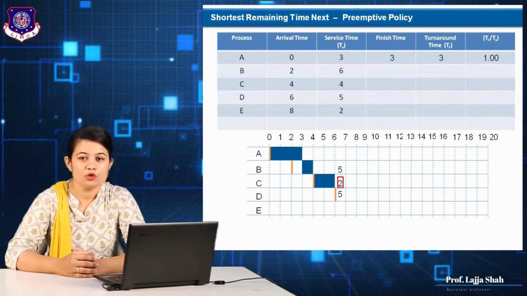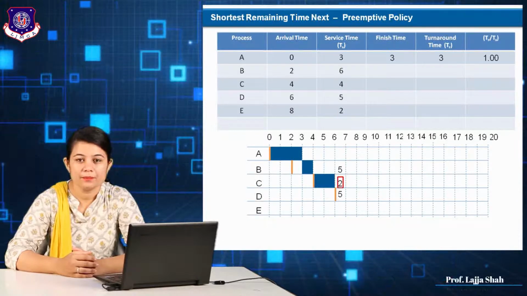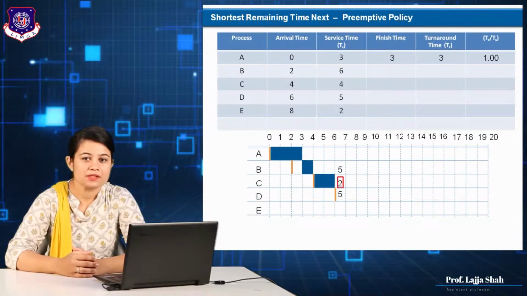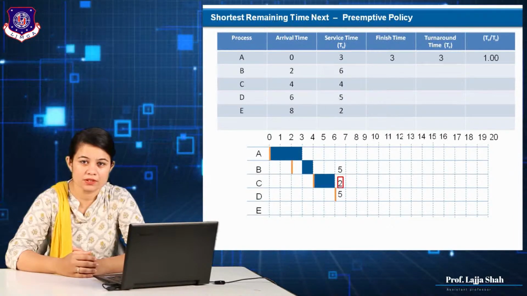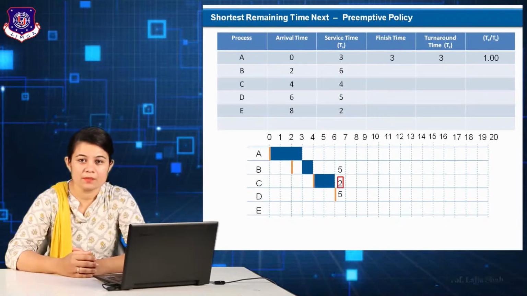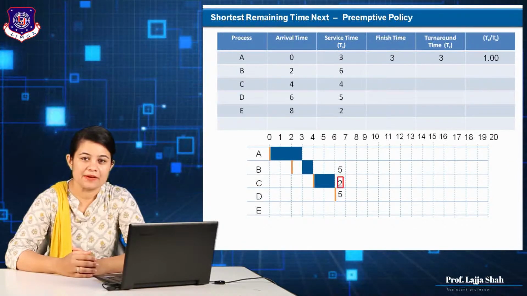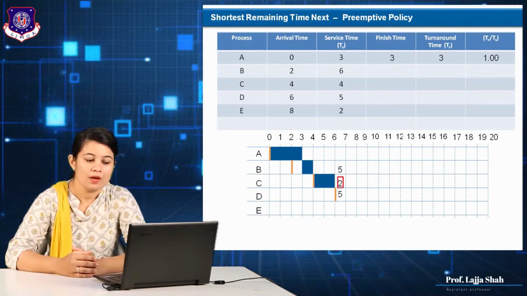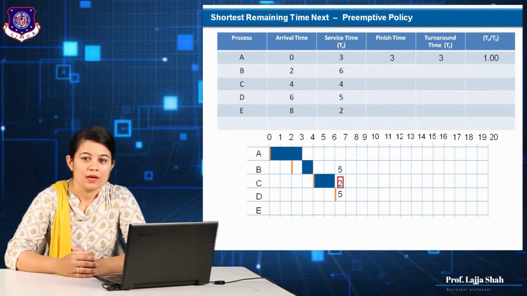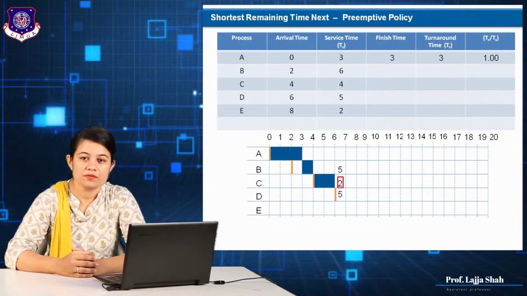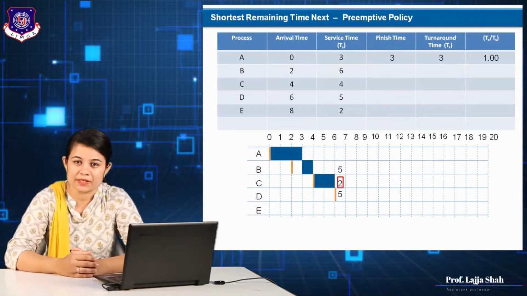At this time, a new process has arrived in the system, process D. Again, the operating system needs to check the shortest remaining time among 3 processes: process B, process C and process D. Process B is left with 5 seconds. Process C is left with 2 seconds, as its total service time is 4 seconds and it has been executed for 2 seconds.